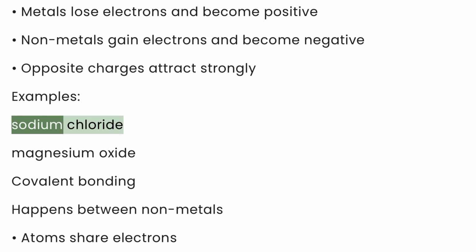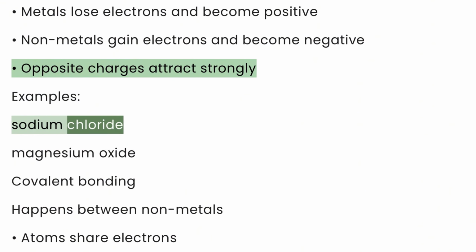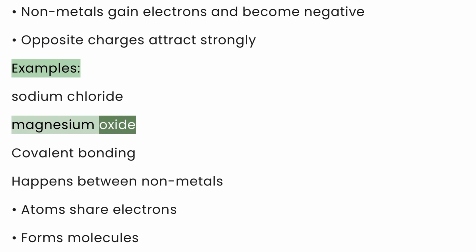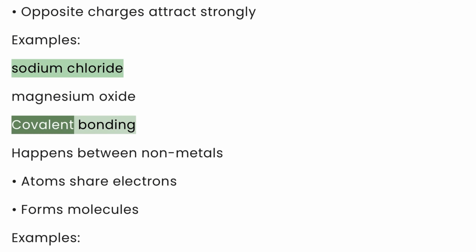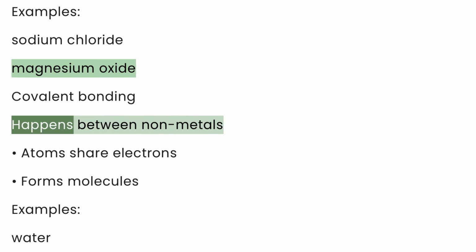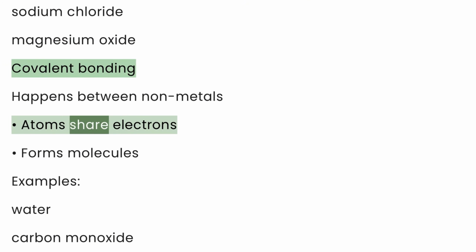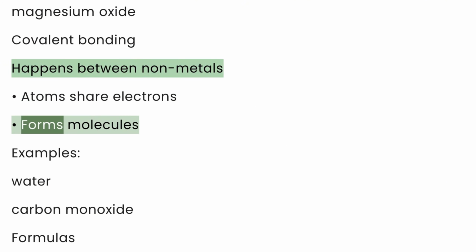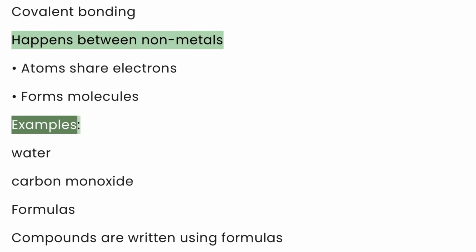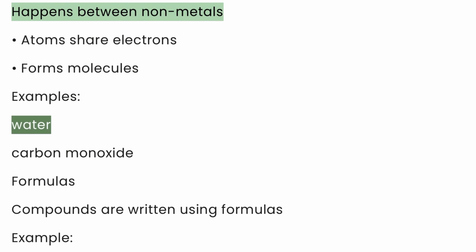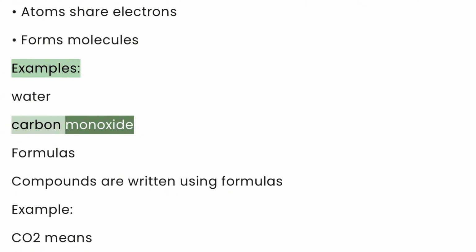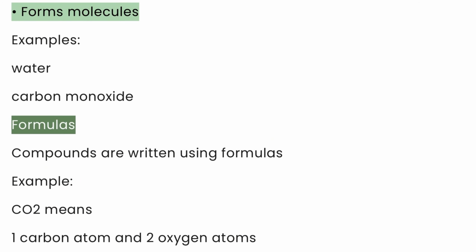Examples: sodium chloride, magnesium oxide. Covalent bonding happens between non-metals. Atoms share electrons. Forms molecules. Examples: water, carbon monoxide.